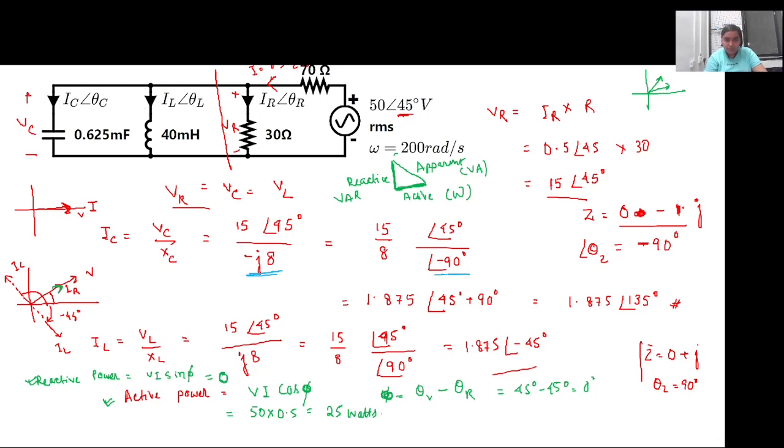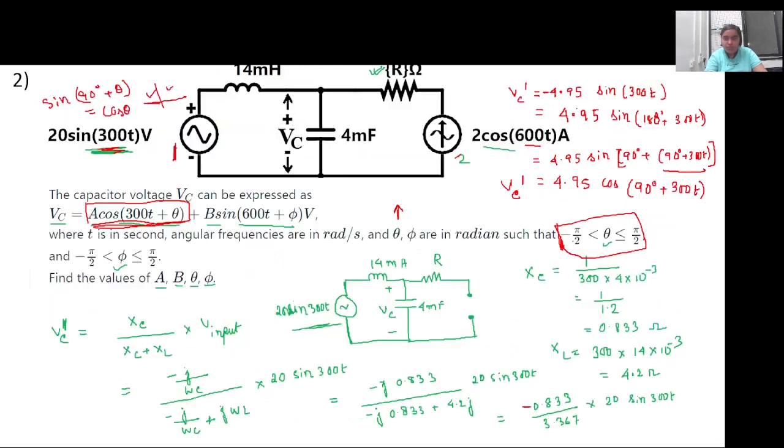In the second sum, we found the voltage VC. So you're talking about this minus sign. How did I get 180? Yes, ma'am. Again the minus J comes here, so how would it change to 180 degrees? So this is not minus J, right? This is minus 1.